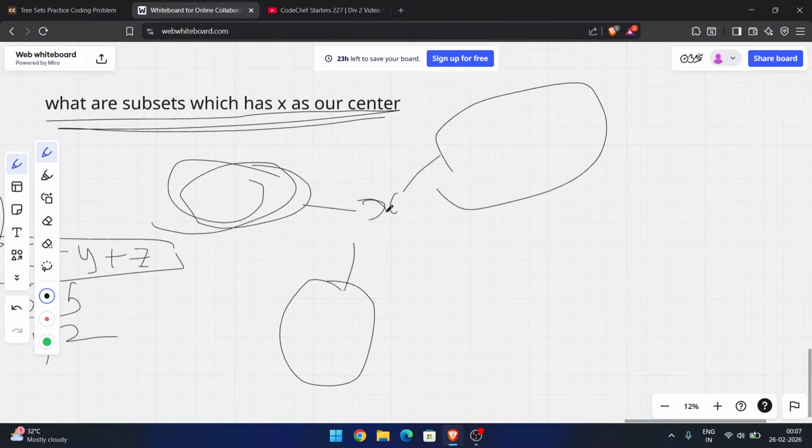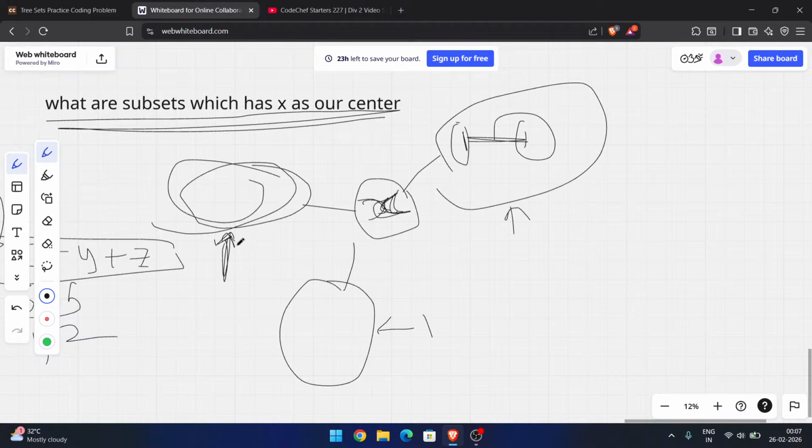If we are calculating for this x, I can't take any two vertices from the same tree, because then the path between them would not include this vertex. So I have to take one from this, one from this, and one from this.